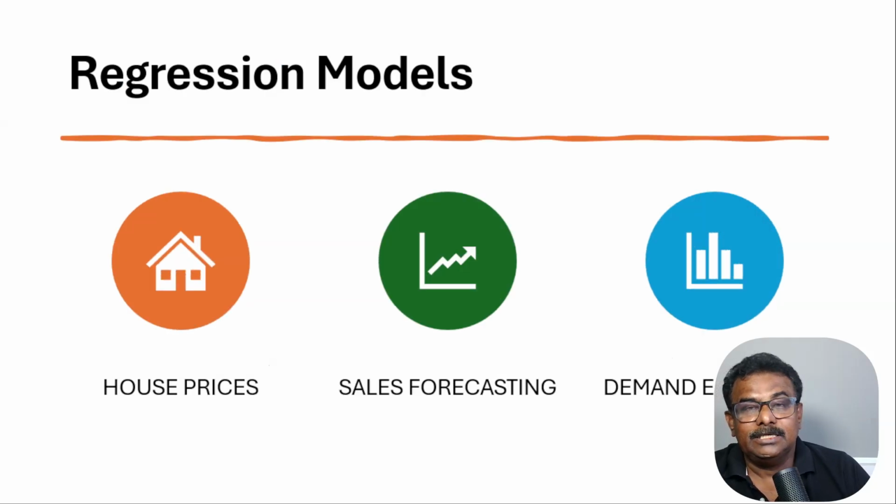And then there is the regression model. The regression model predicts a numeric value rather than a category. For example, you are tracking the data of real estate prices. You have inputs like the size of the house, which area it is located in, and which city it is.